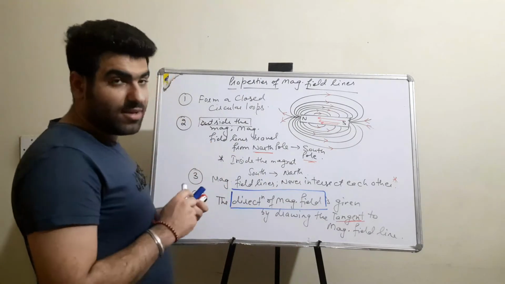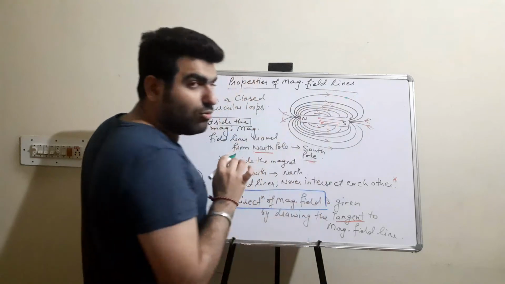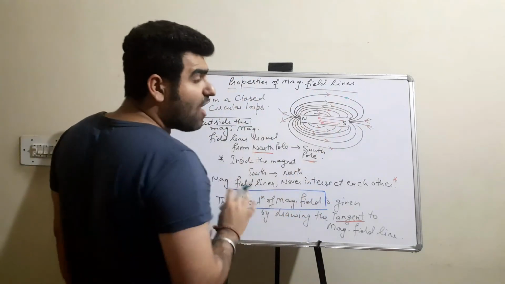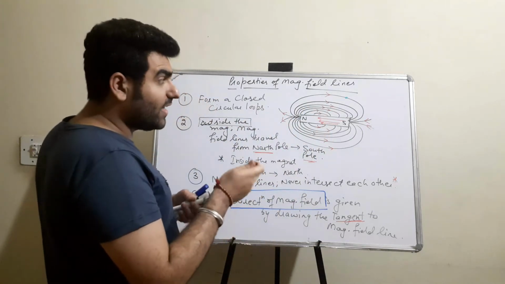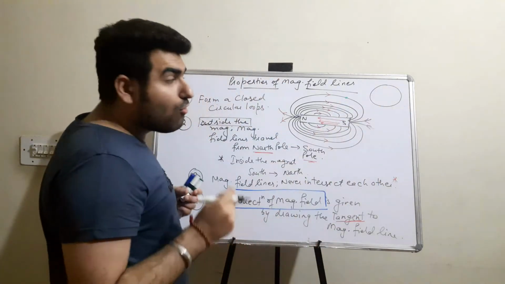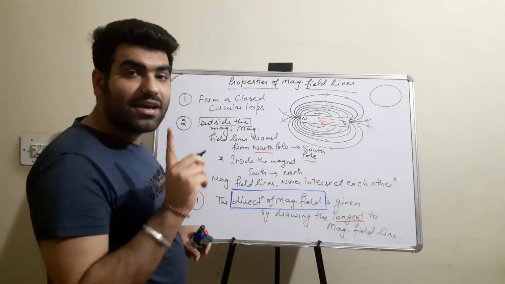Now, how is this possible? Say we want to find out the direction of the magnetic field at this point. Why do we have to draw the tangent? That is the most important thing. In the case of a circle, a tangent is a line which touches the circle at a single point.